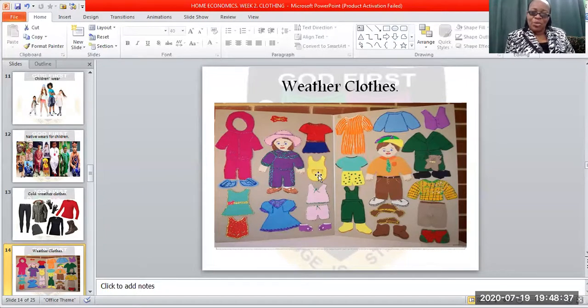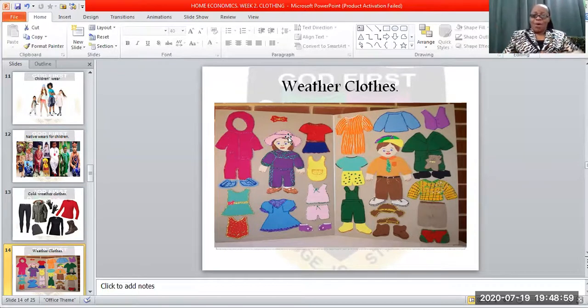But we also have sun tops. We have overalls when the weather is hot. And then we have hats that shield us from the sun. These are things that we must wear when the weather changes. So you should know when the weather is hot, when the weather is cold.